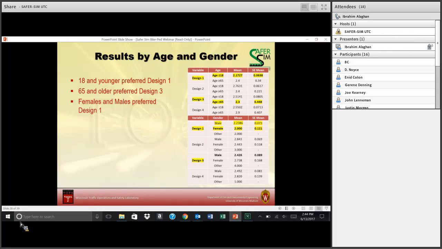What we have done here is based on the design and each age group.